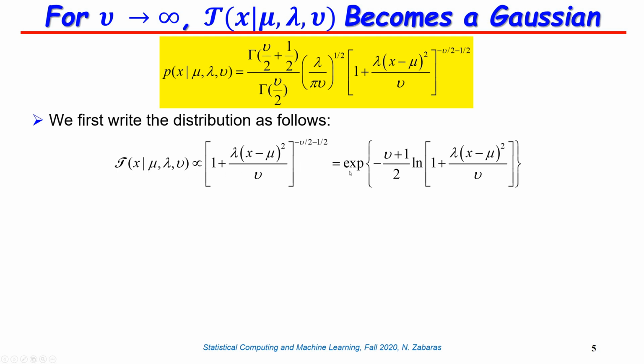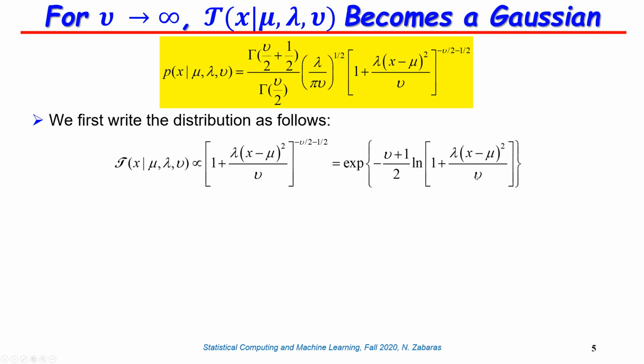So the student T distribution is proportional to this exponential, and if nu is very big, I can use an asymptotic expression for log of 1 plus a small number. The first leading term in a Taylor series expansion is that small number.